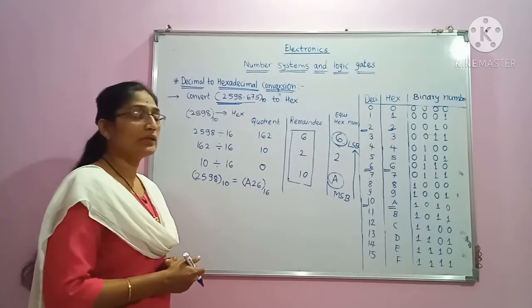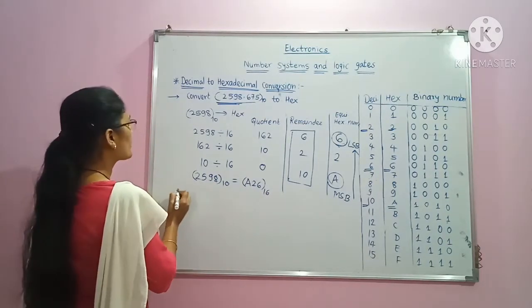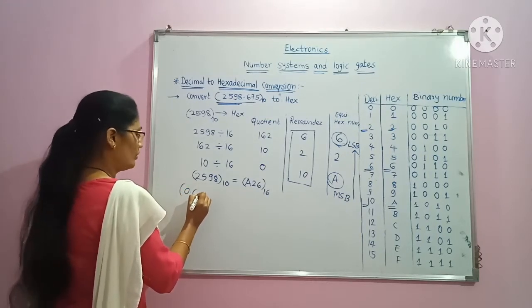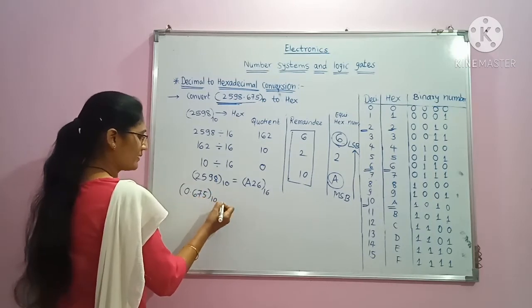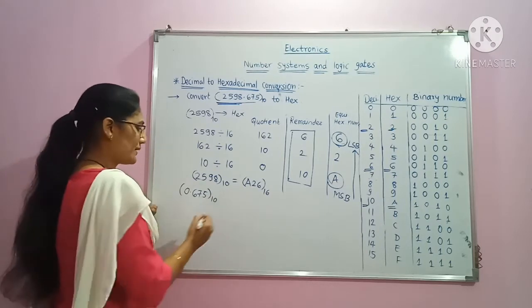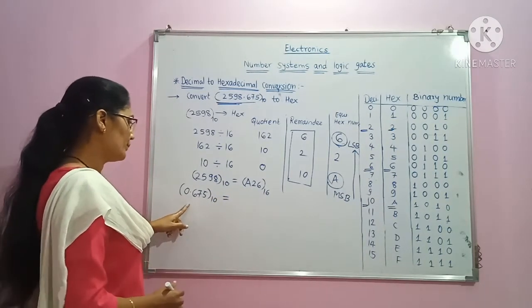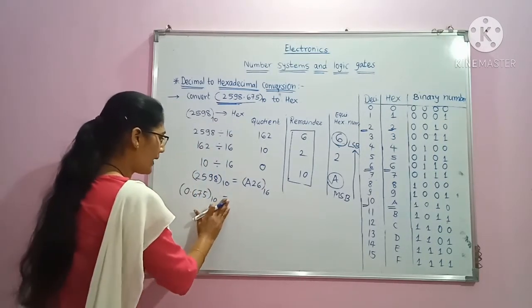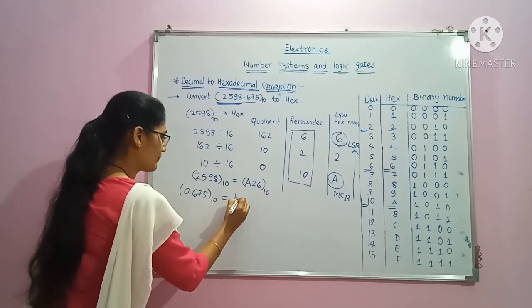So what we have to do now, our fraction part is 675 and it is in decimal form, and you have to convert it into hexadecimal form.